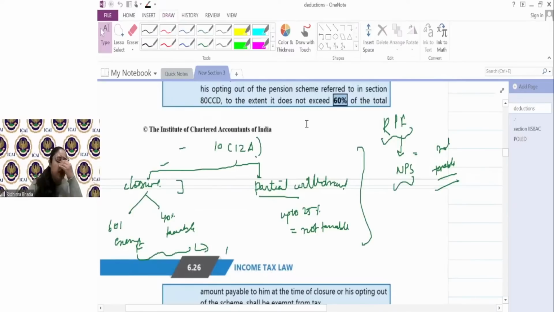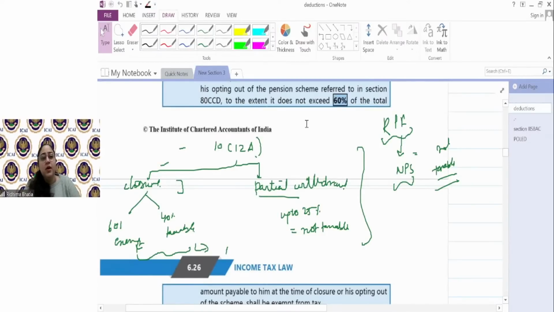So, guys, this last paragraph is not related to deduction. It is basically related to NPS, 80CCD, deemed income, which is specifically related to how the taxability of income happens when you're withdrawing something from your NPS.